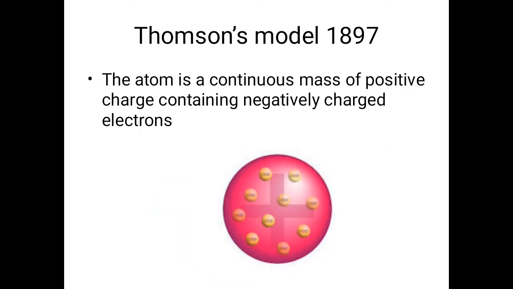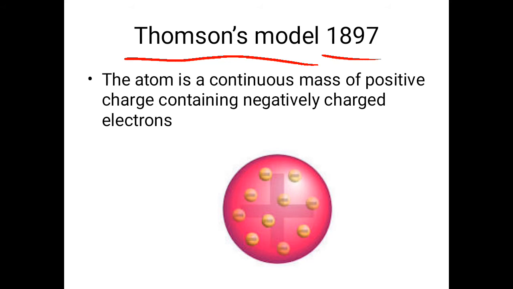The next model came forward by J.J. Thomson in 1897, and he proposed the structure of the atom as a continuous mass of positive charge containing negative charge electrons on it.